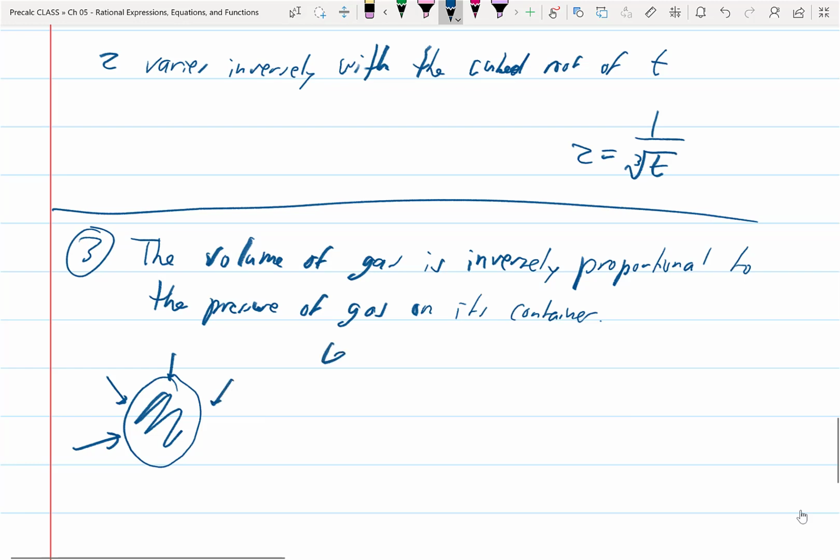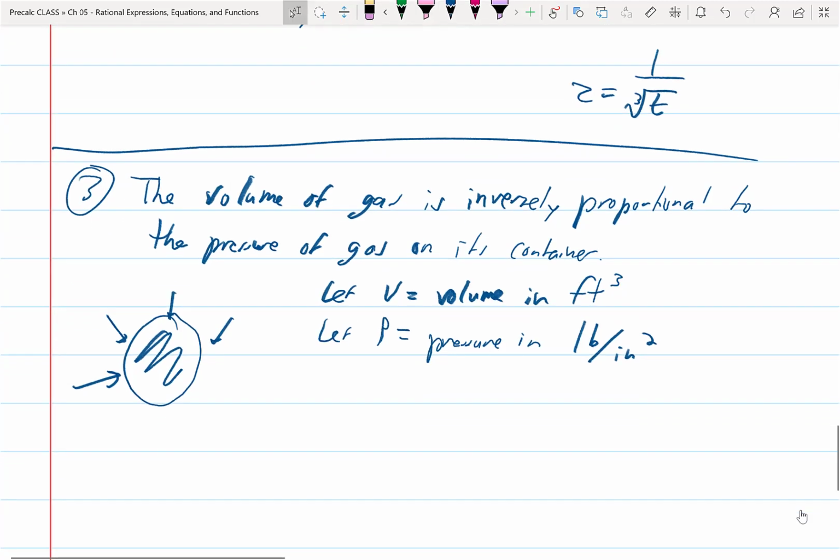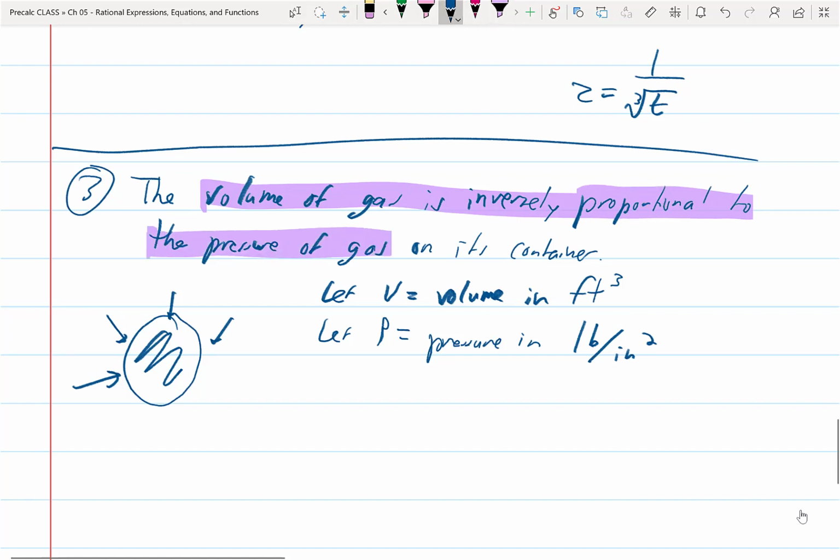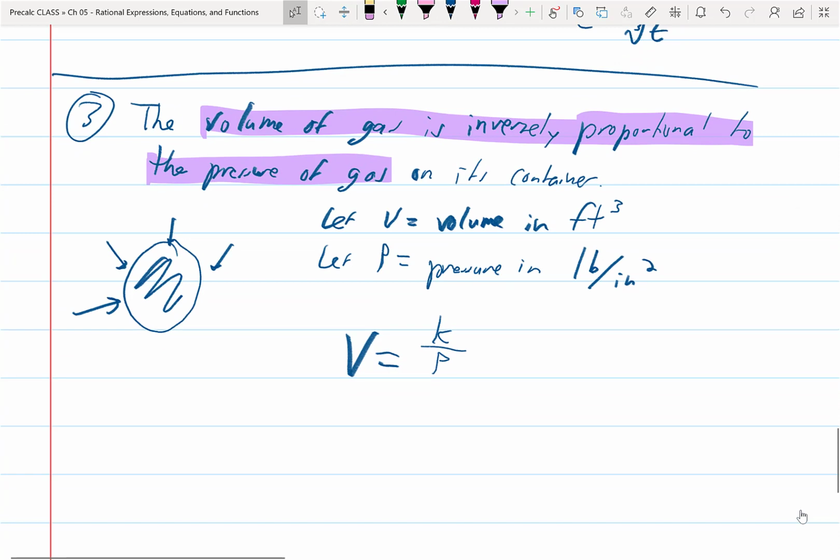And I'm going to let V equal volume, and we're going to do the volume in cubic feet. And we're going to let P equal the pressure, and the pressure is going to be pounds per square inch. So if I'm going to translate the statement, the volume of gas is inversely proportional to the pressure of gas, what I'm going to say is volume is equal to K divided by the pressure. That's what inversely proportional means.